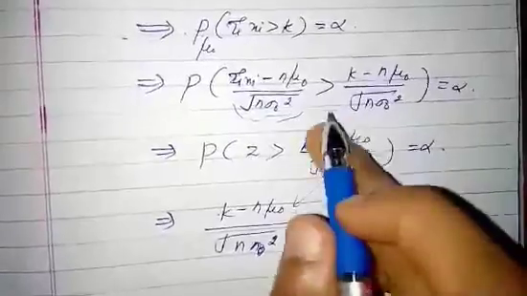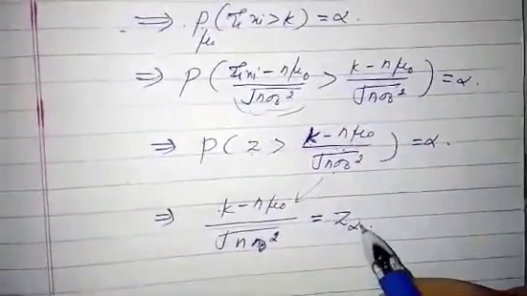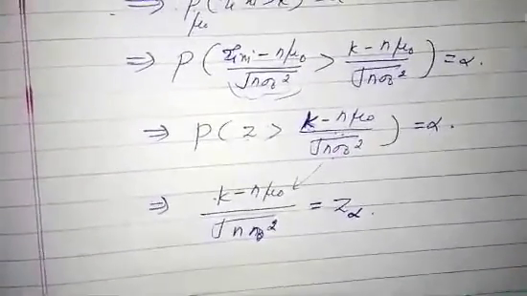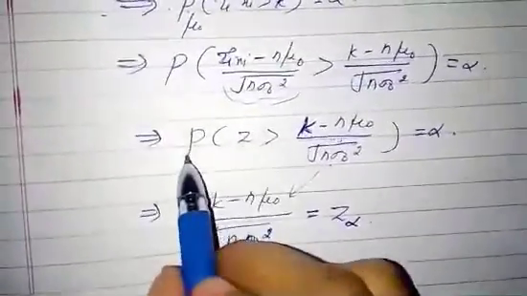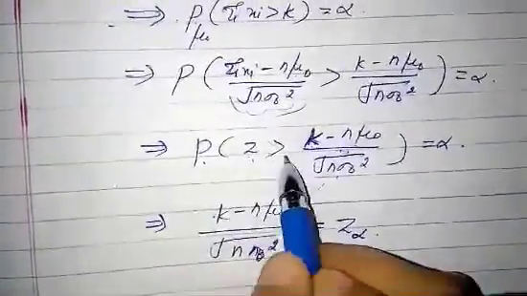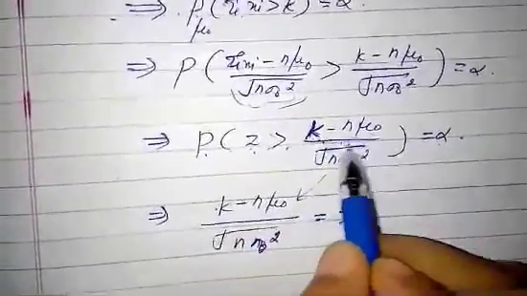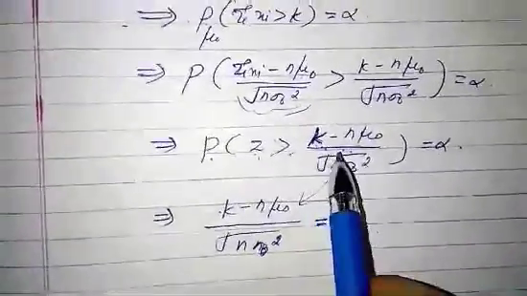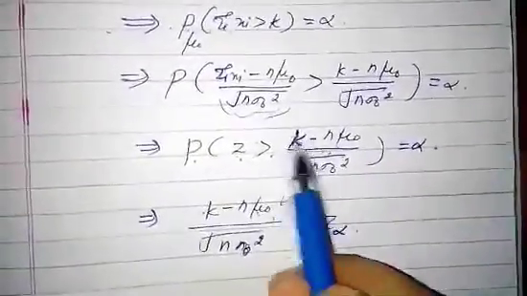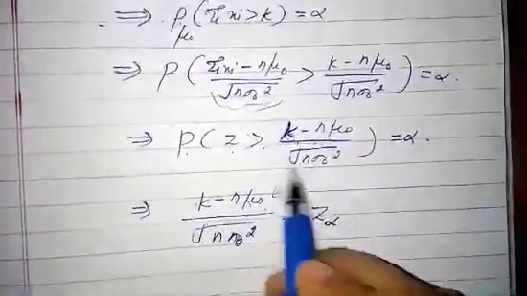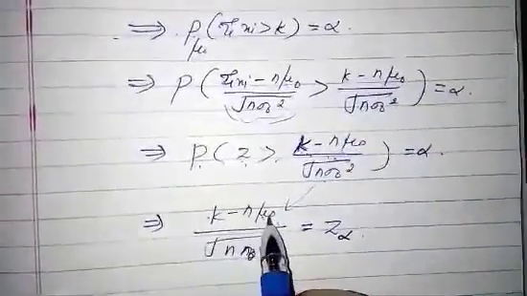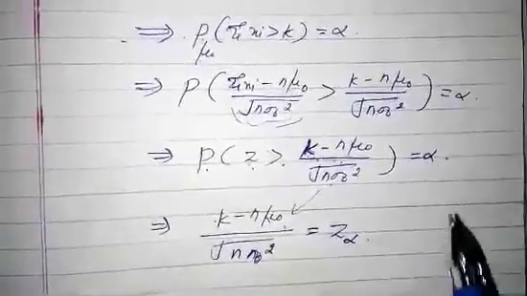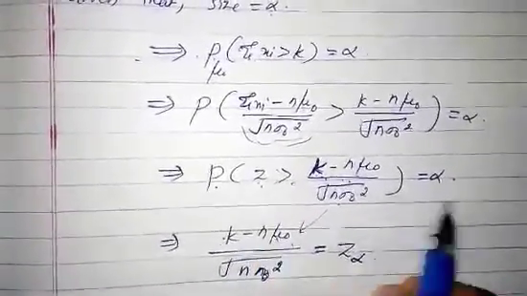That means this value is equal to the z alpha value given in the standard normal table. Understood? So given that the probability of Z greater than (k minus n mu naught) divided by square root of n sigma naught square equals alpha, and we have to find k, we can write (k minus n mu naught) divided by square root of n sigma naught square equal to z alpha.